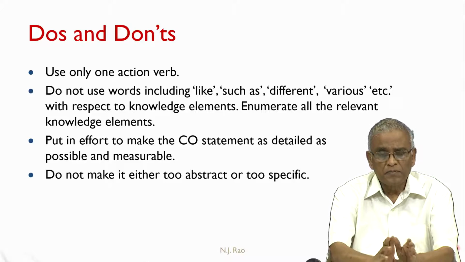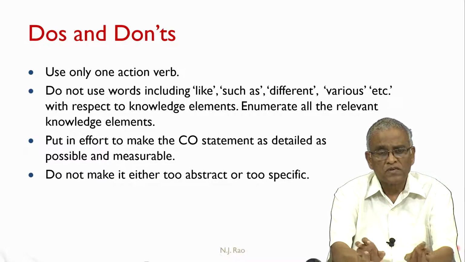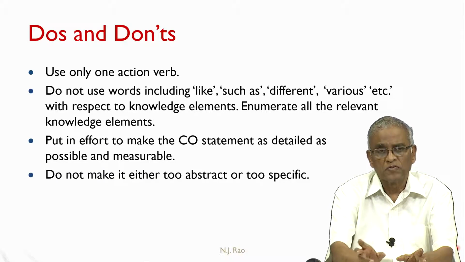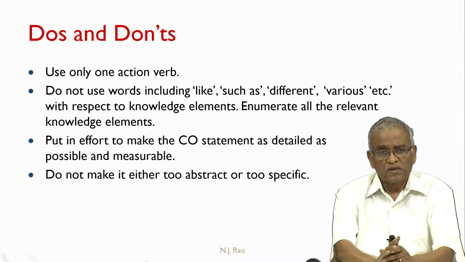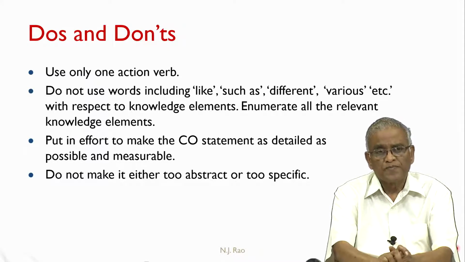And two action verbs should never be used just to combine 2 outcomes, 2 COs, into one, because we have written too many. That is the first one: use only one action verb.